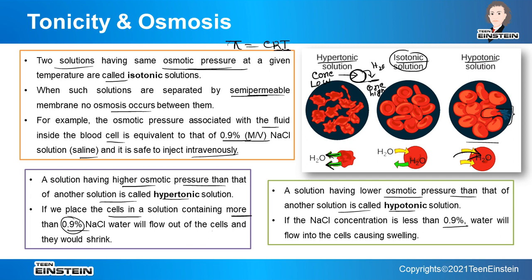These two are constant, so pi is directly proportional to C. That means if pi is equal, C will also be equal, because it is directly proportional.